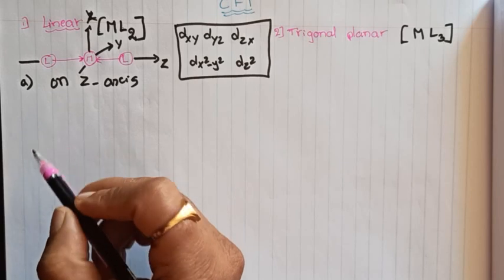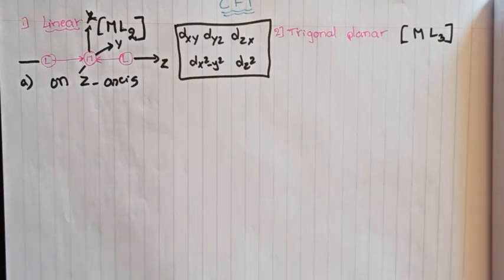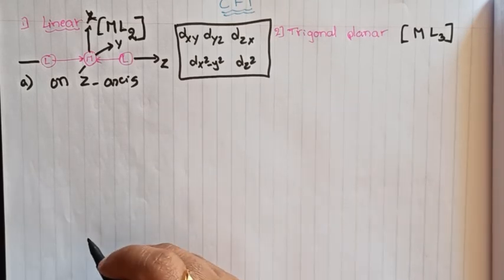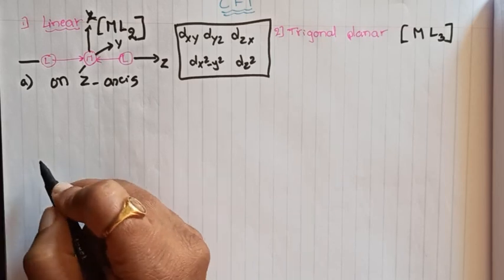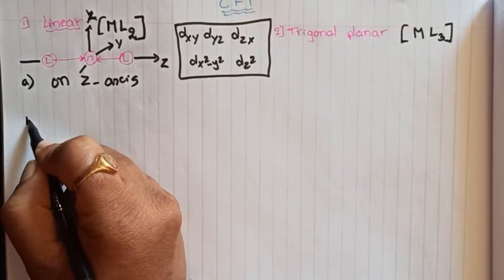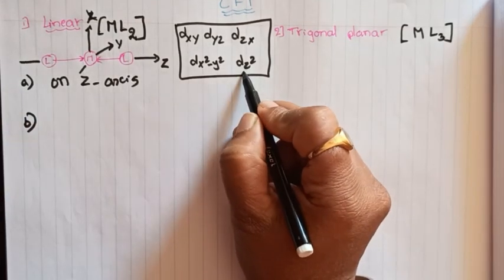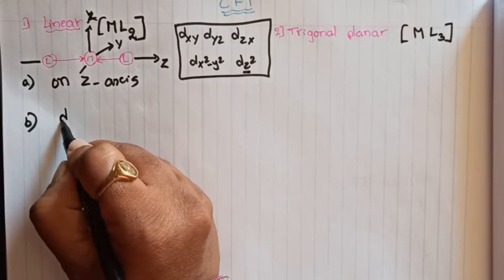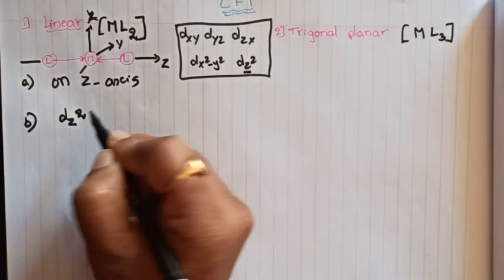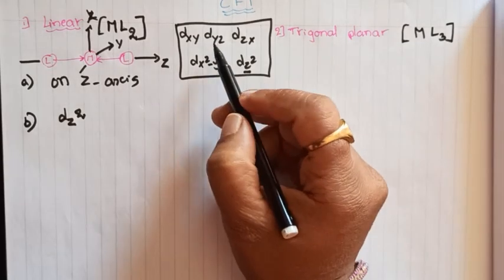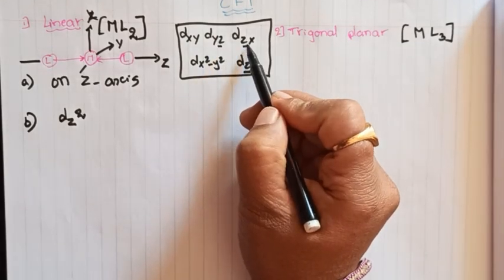So whenever the ligand approaches on the axis, the d orbitals having lobes on the z axis get more repulsive forces. The one having lobes on the z axis is dz square. So dz square gets more repulsive forces, followed by dyz and dzx.